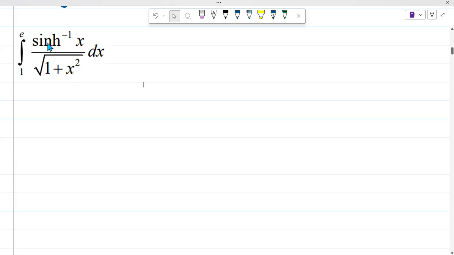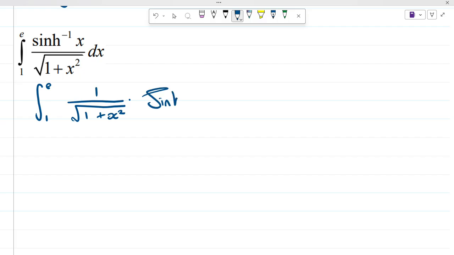So now I can see that no, if I make this numerator, which is my hyperbolic sine inverse of x, to be my f of x, then definitely 1 over this. So let me also first rewrite this in a nice way so that my arguments can make sense. So here I'm going to have my integral from 1, and then I have my 1 over square root of 1 plus x squared multiplied by what?